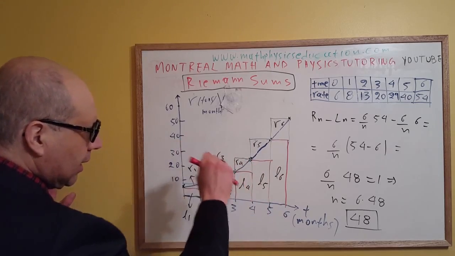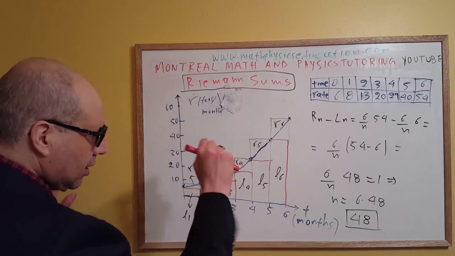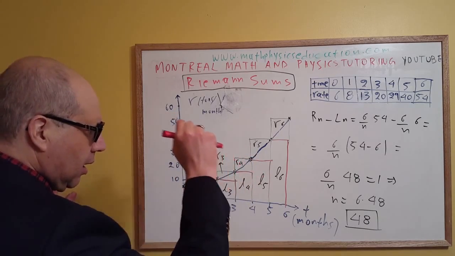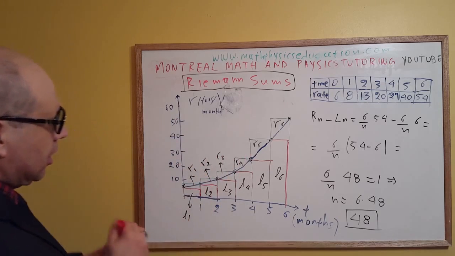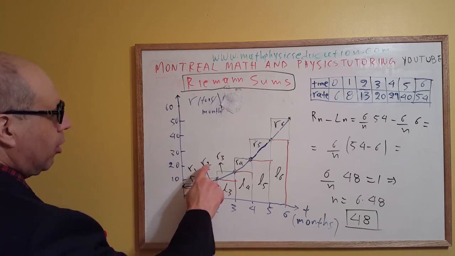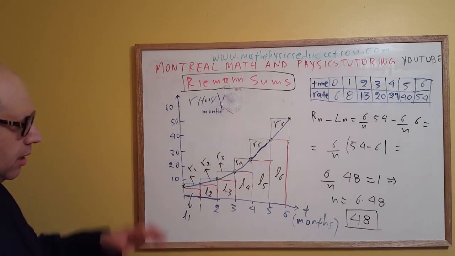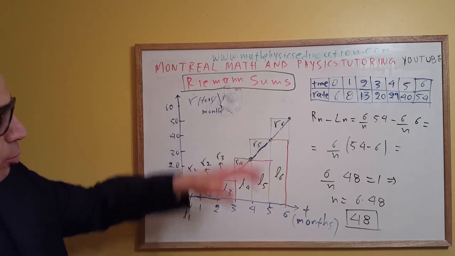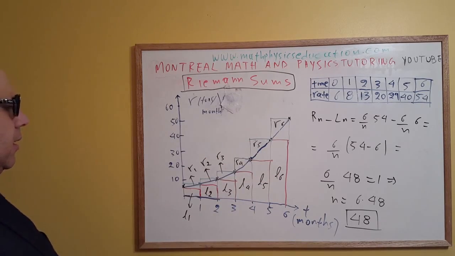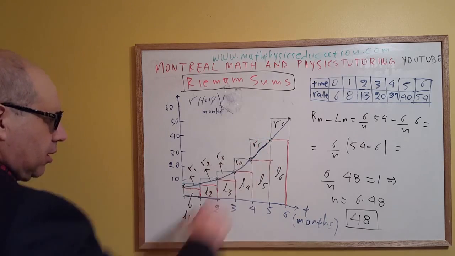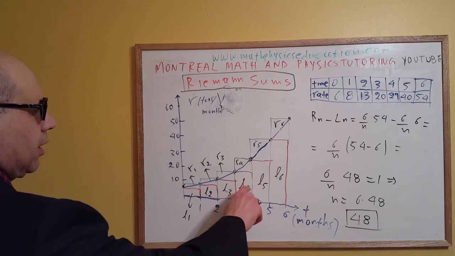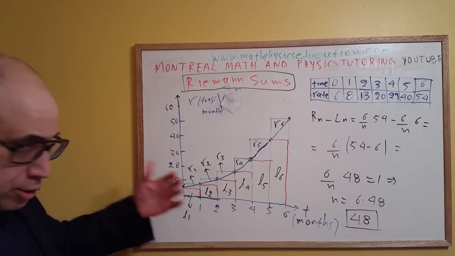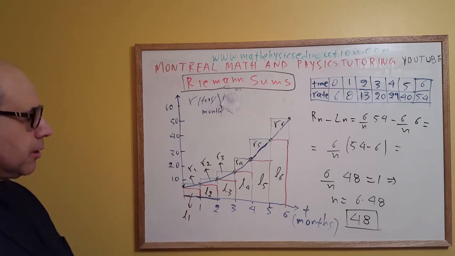To show you, I take R6 and L6. R1, R2, R3, R4, R5, R6 are the green rectangles we were talking about before, and L1, L2, L3, L4, L5, L6 are the red ones, which are the ones for the underestimate.